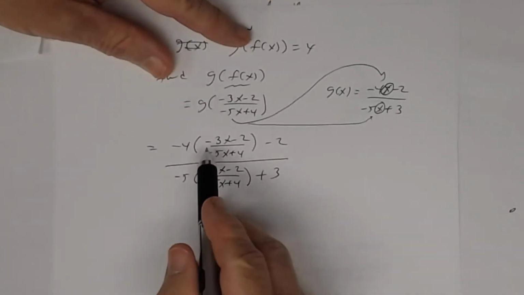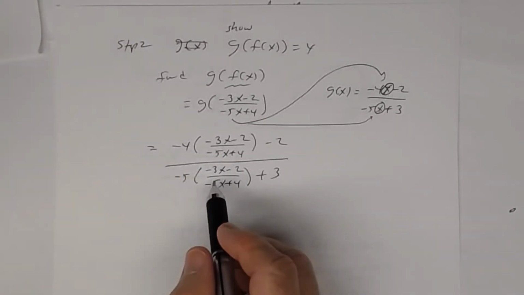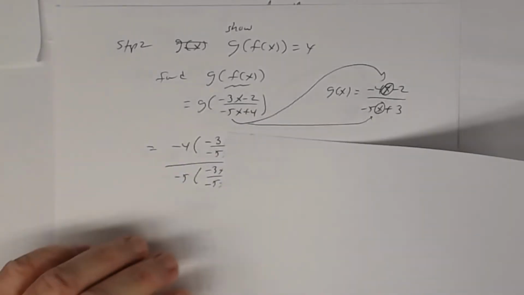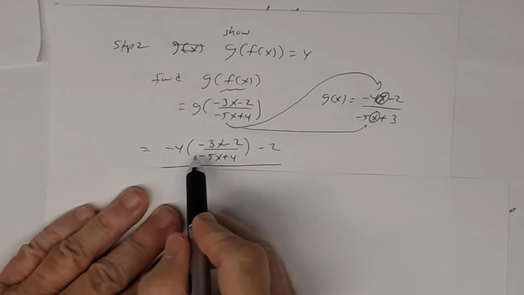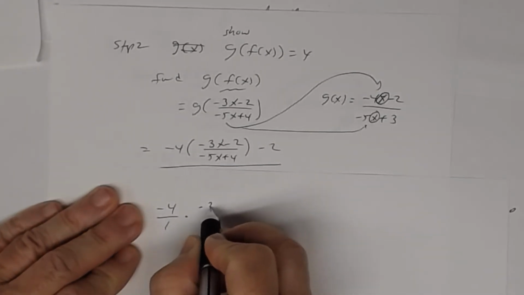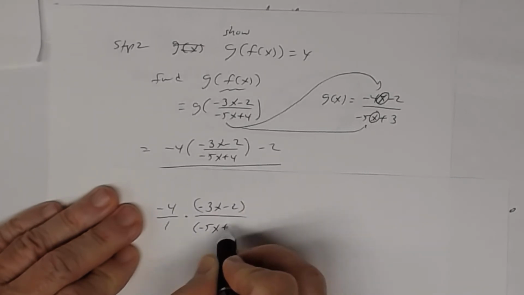Okay? Now remember, I'm going to multiply this out. So remember, just as in the previous one, you have to understand what you have there. Okay? So you have to understand that this part right here means this. Okay? Negative 3x minus 2, and the denominator is negative 5x plus 4.